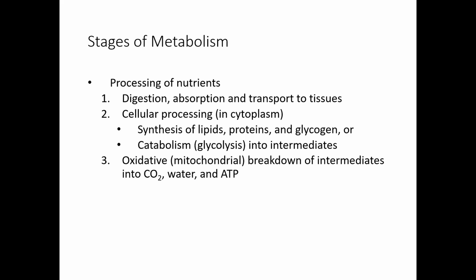We digest the fats in our small intestine. We absorb the carbs and the fats and any amino acids that might be there in our small intestine. And then it goes ultimately into our plasma for transport to the cells.